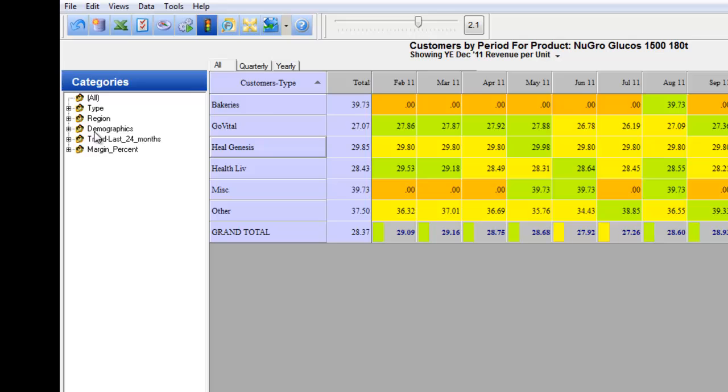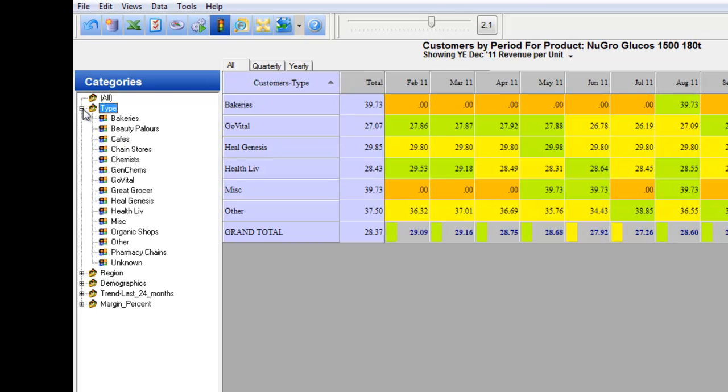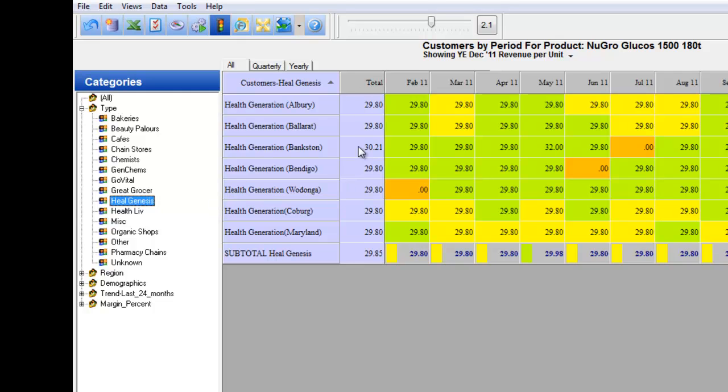Let me quickly go to my Healthy Genesis area and see all those customers in the Healthy Genesis area. And here we understand the total portfolio of our customers within the Healthy Genesis area, which allows us to quickly identify any specific pricing issues within this area.